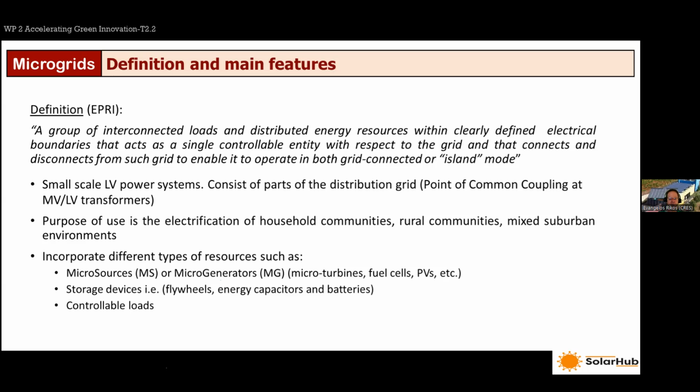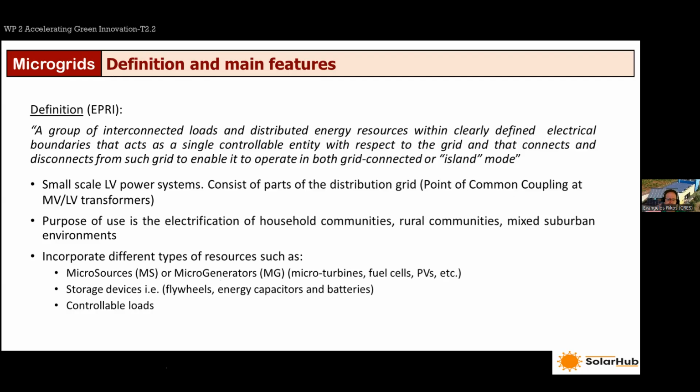So there is a control setup that takes into account all the conditions over the microgrid, and this acts as a single entity, not only for the users within the microgrid itself, but also for the outside world, for the system operator that sees the microgrid as part of, as a consumer perhaps of its grid.